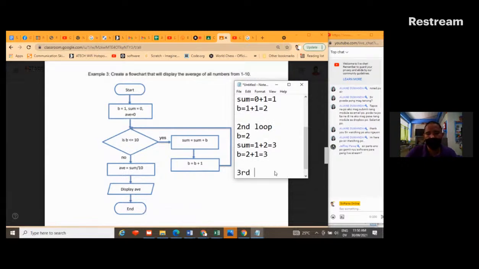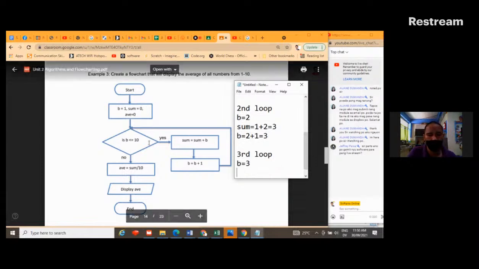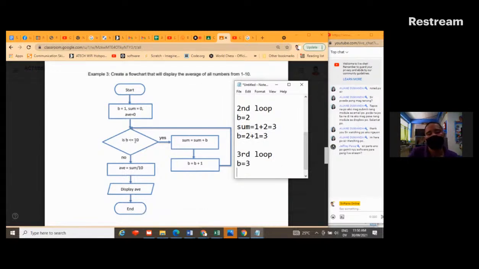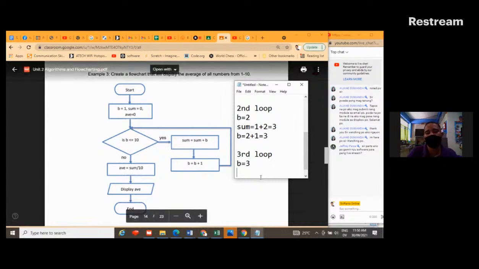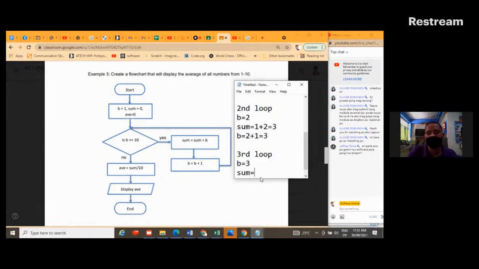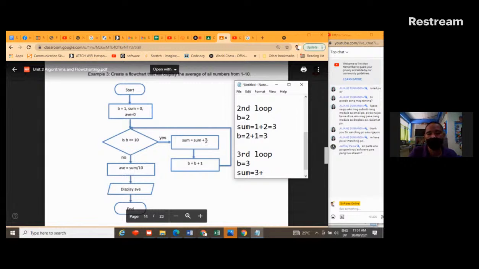This is our third loop. Our B is now 3, and we compare it here. 3 is less than or equal to 10, and it says that's yes. So our sum equals sum plus B. What was our sum here? Sum is 3 plus, what is our B?